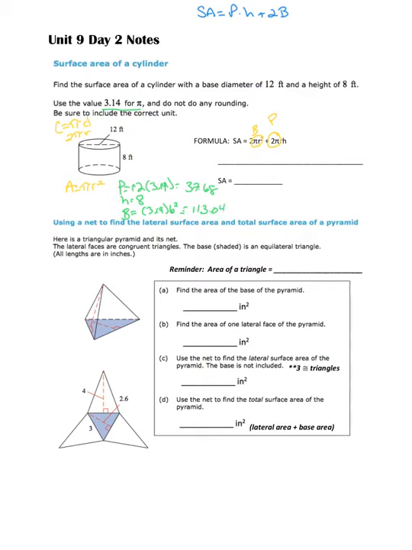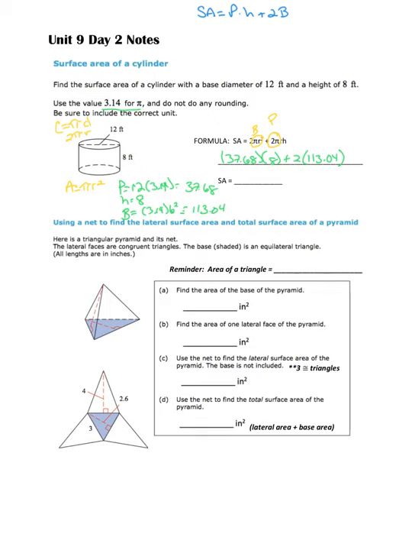113.04. Surface area, 37.68 times 8 plus 2 times 113.04. I'm just going to plug it all into the calculator.